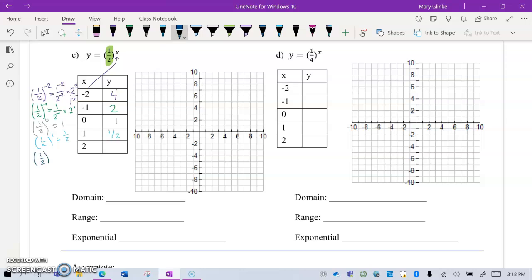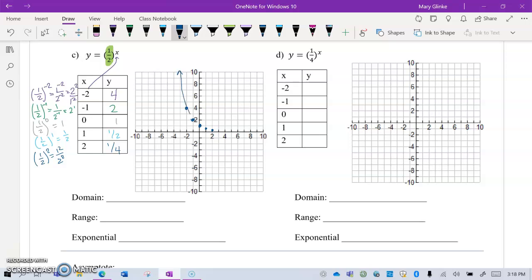And 1/2 to the second power is 1 squared over 2 squared, or 1/4. So now if we take those and graph them as coordinate points, you get (negative 2, 4), (negative 1, 2), (0, 1), (1, 1/2), and (2, 1/4).